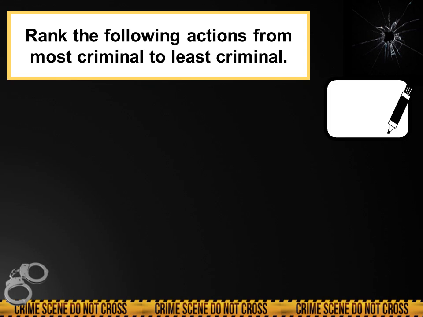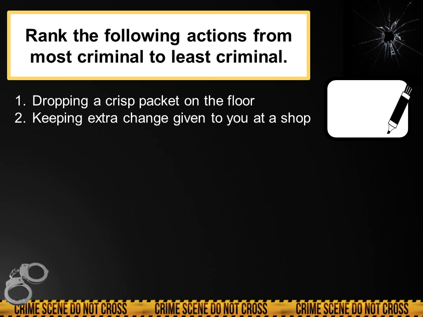So now you rank the following actions from the most criminal to the least criminal. So which do you think is the most severe crime? Dropping a crisp packet on the floor and not picking it up. Keeping extra change if somebody gives you more change than you should have got at a shop.